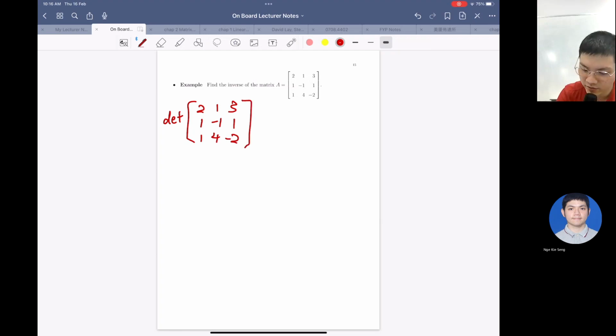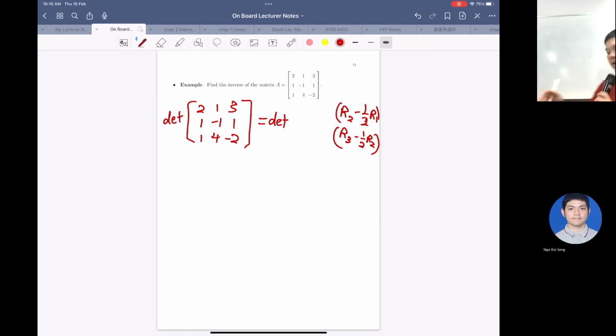So I will do row replacement, for example R2 minus half of R1, and then R3 minus half of R2. Because I know that if I apply these elementary matrices, the determinant doesn't change.